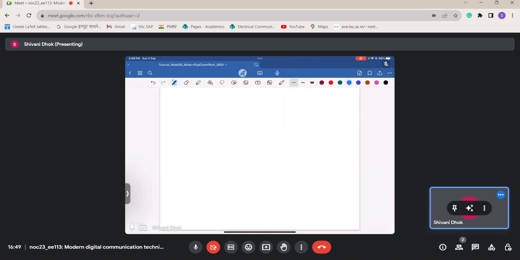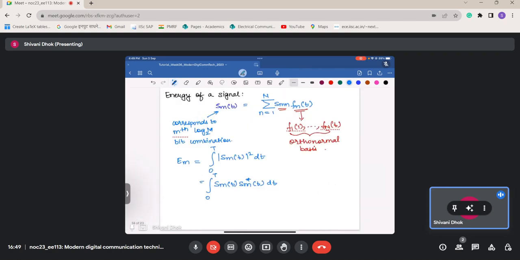Okay, so therefore this EM is integral 0 to T SM(t) SM conjugate(t) dt. And now I'll substitute SM(t) as this.